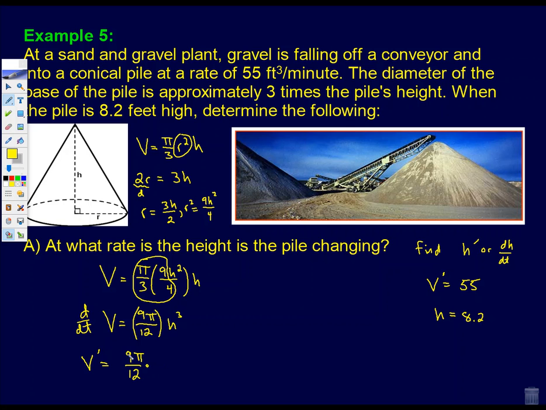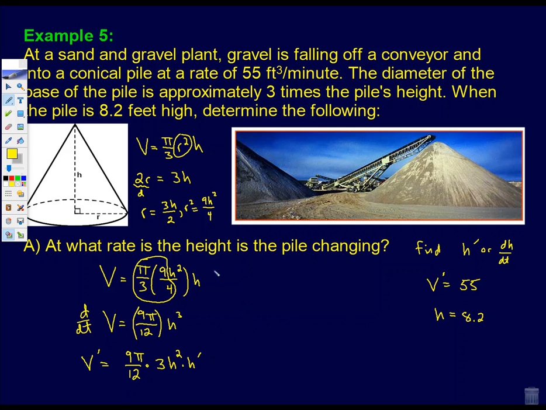So the constant is 9 pi over 12, and then the derivative of h cubed with the chain rule is 3h squared times h prime. So all that's left to do is fill in the given information and note what we're solving for. We're finding the value of h prime, given that the derivative of v, or the rate of change for the volume, is 55, and that the height is 8.2.